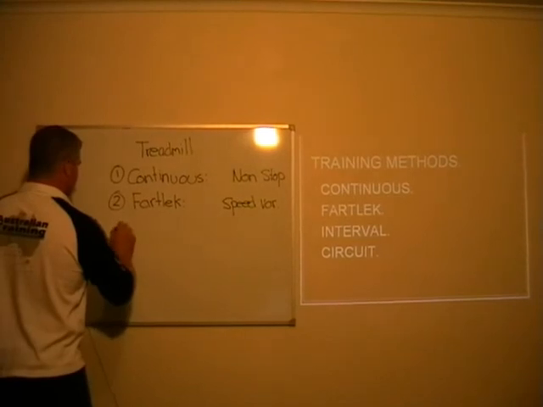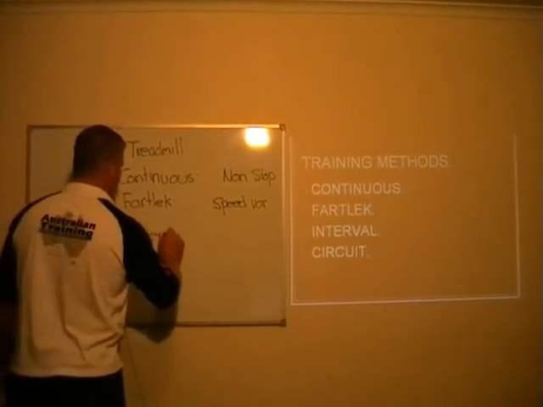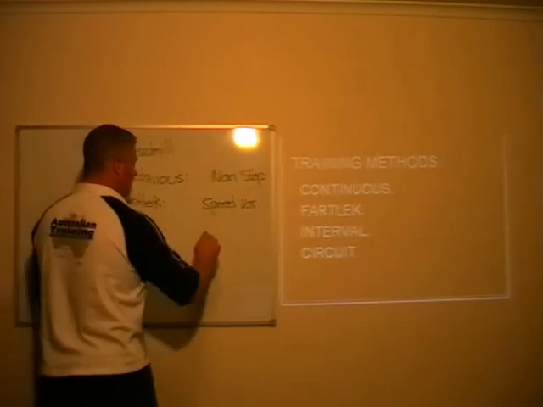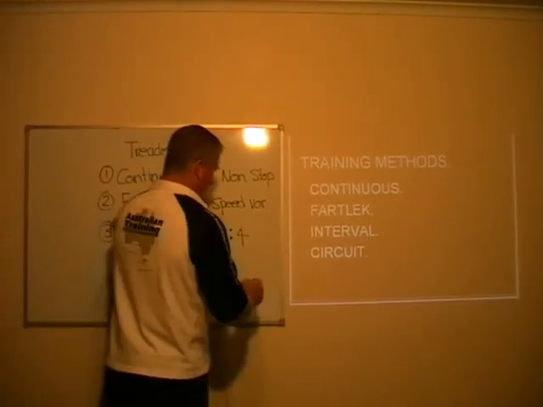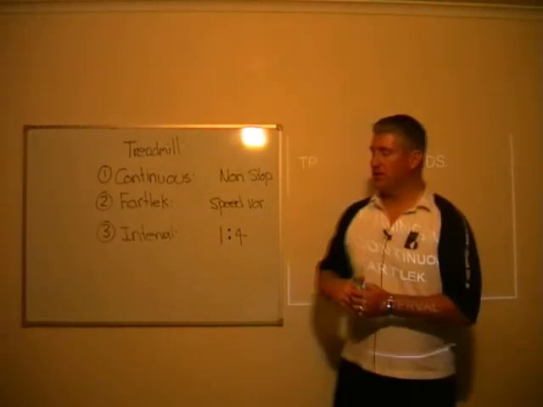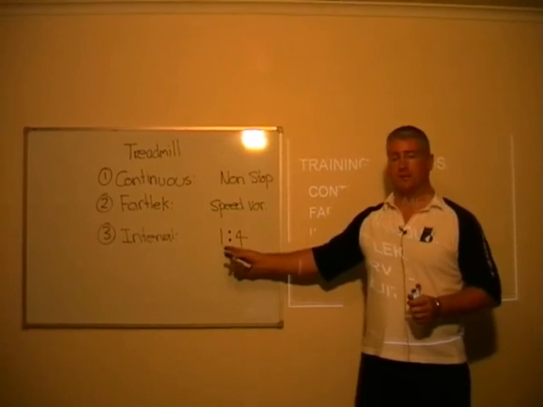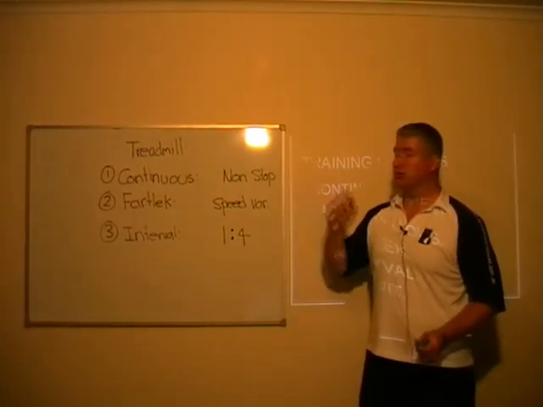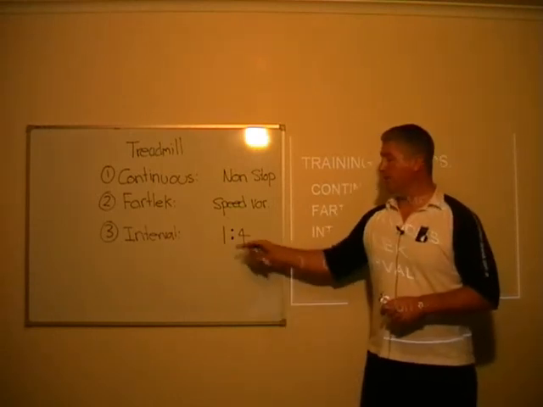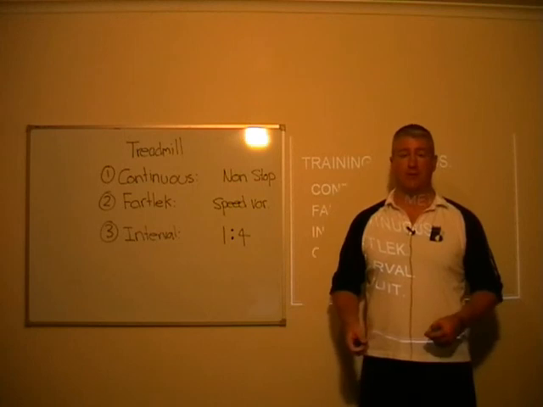Interval. With intervals we use ratios. Let's say for this example we use the ratio of 1 to 4. 1 is the exercise effort, 4 is the rest or recovery between the next effort. So for a 20-minute treadmill session, you could get the person to run as hard as they can, as fast as they can for 1 minute.